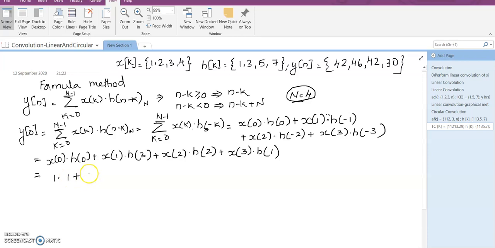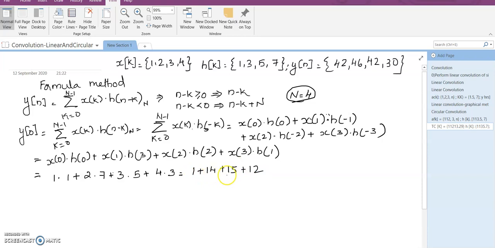Fine. x of 1 is 2, h of 3 is 7. x of 2 is 3, and h of 2 is 5, plus x of 3 is 4, and h of 1 is 3. So it becomes 1 plus 14 plus 15 plus 12.